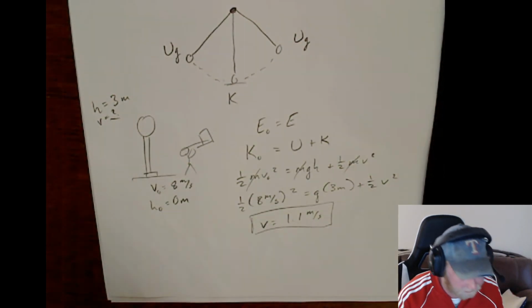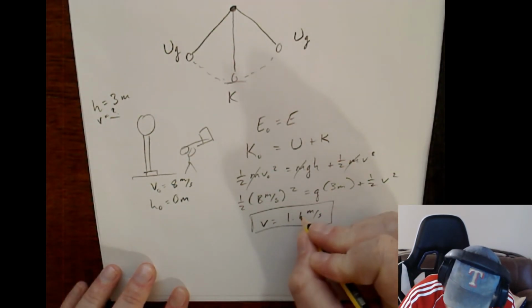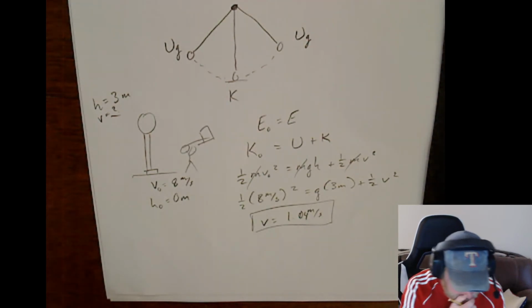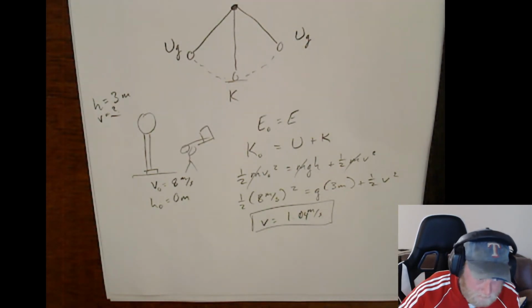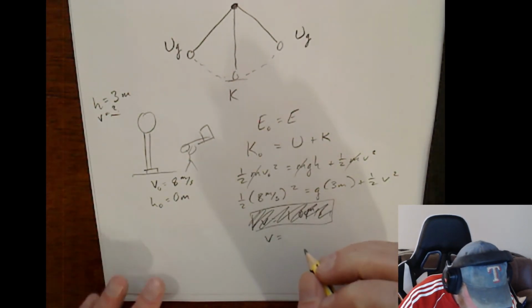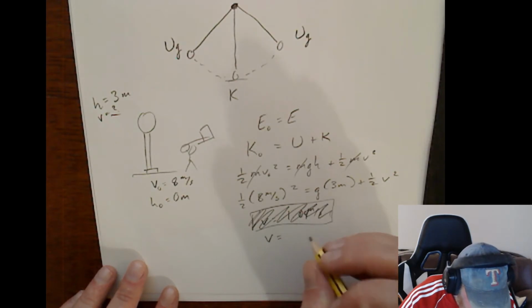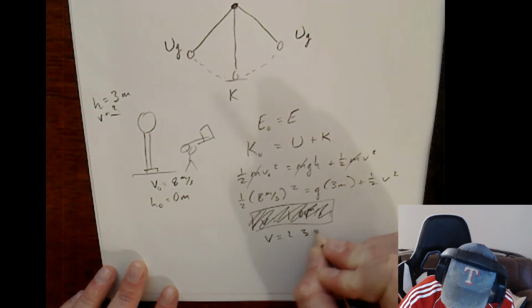Oops, sorry, forgot to take the square root at the end. So 1.04 meters per second. And actually, ignore that, I did the math very wrong. You should be getting, let's see, 2.3 meters per second.